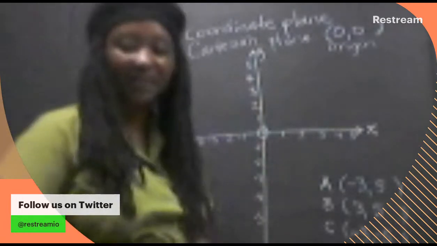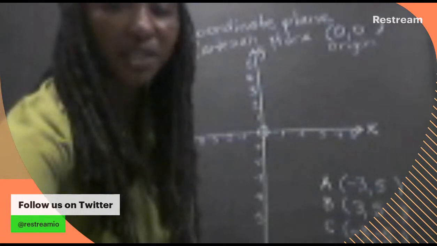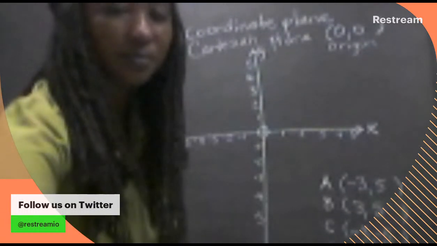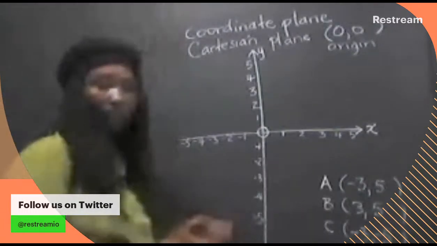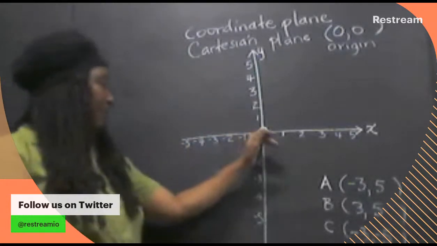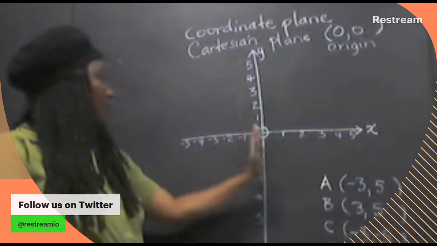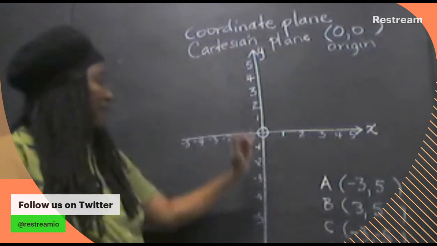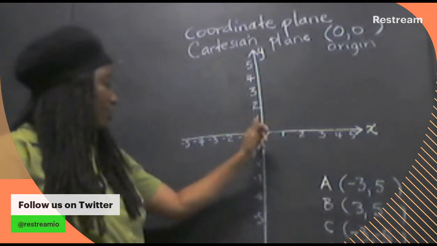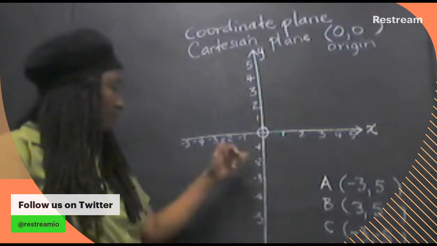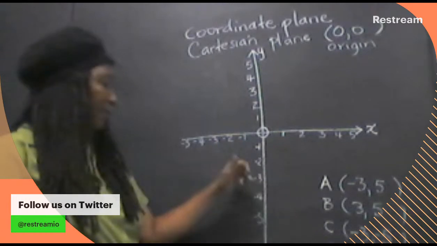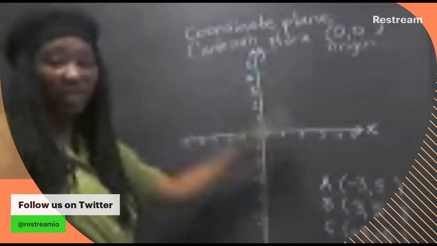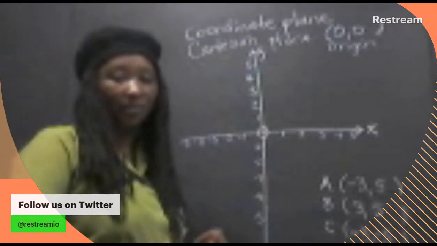Likewise, on the y-axis, from 0 out. From 0 up, 1, 2, 3, 4, 5. From 0 down, negative 1, negative 2, negative 3, negative 5. And this is our coordinate plane or our Cartesian plane.